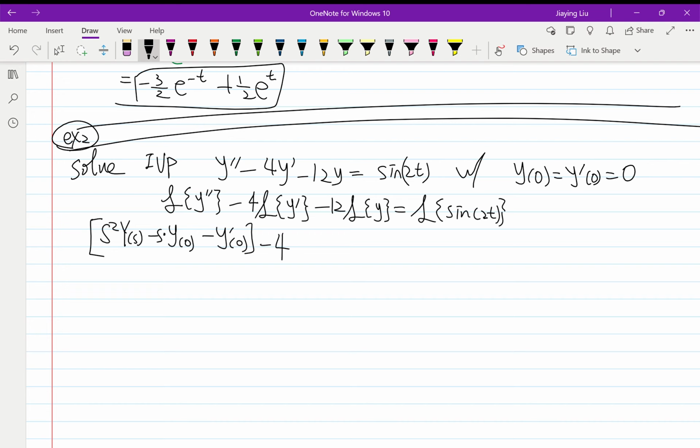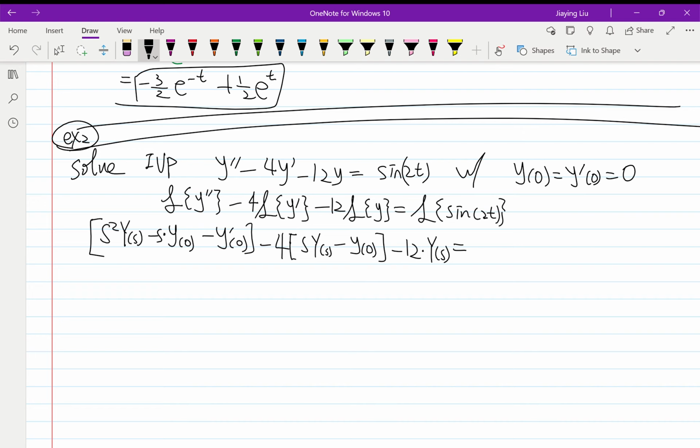So negative 4 times, I believe it's s capital Y of s minus y of 0, based on the table. So you can always look at the table. Minus 12 times capital Y of s. That's the Laplace transform of just y, which gives capital Y. And then the new part is the sine 2t.